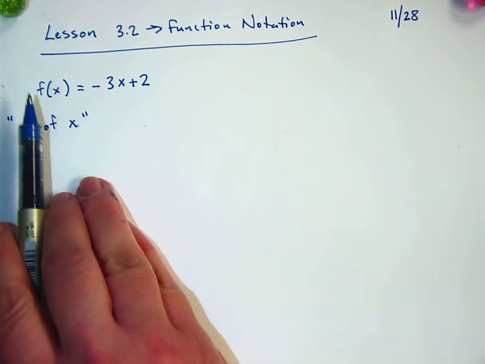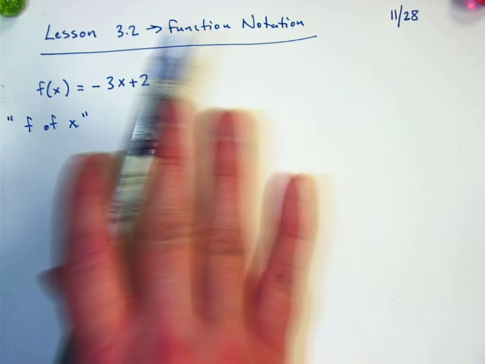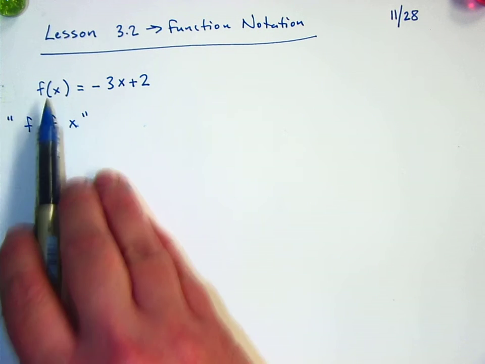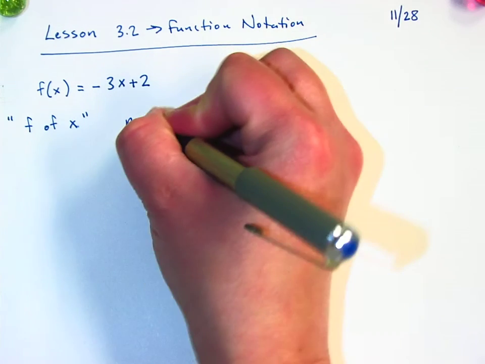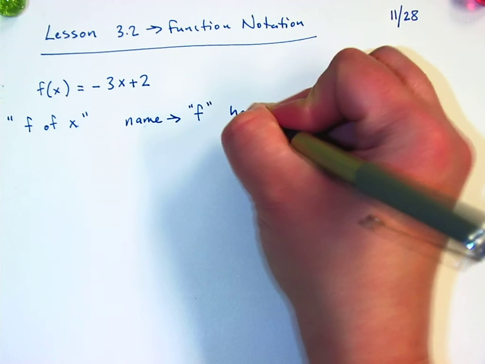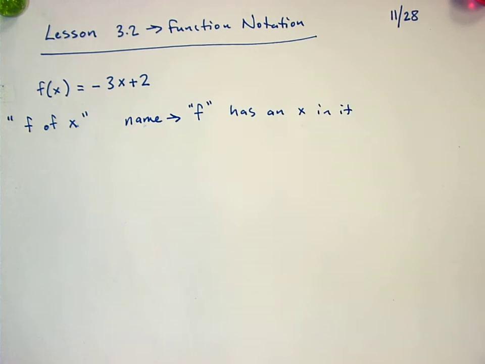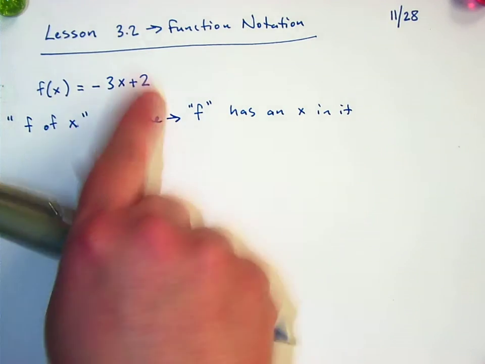And this does not actually mean, I know it looks like the variable f times the variable x, but that's not what it means. It does not mean f times x. It is a label. This is a function called f, so the name is f, and it has the variable x in it. So f of x equals negative 3x plus 2.